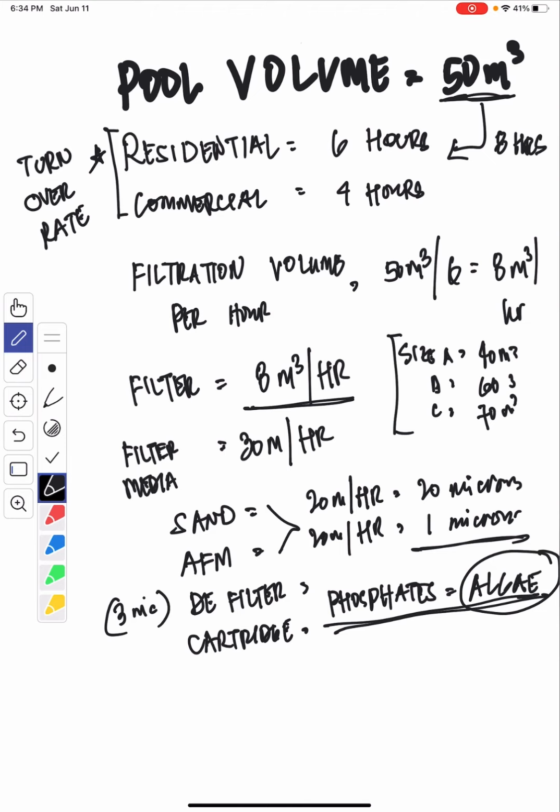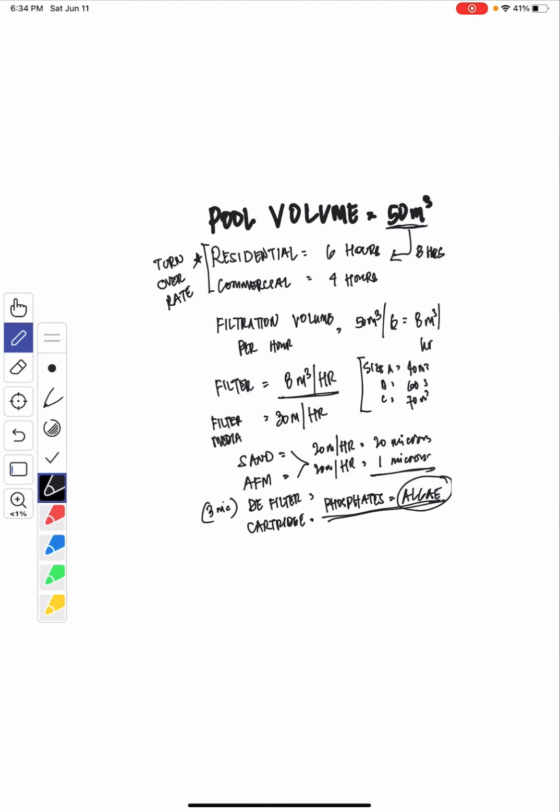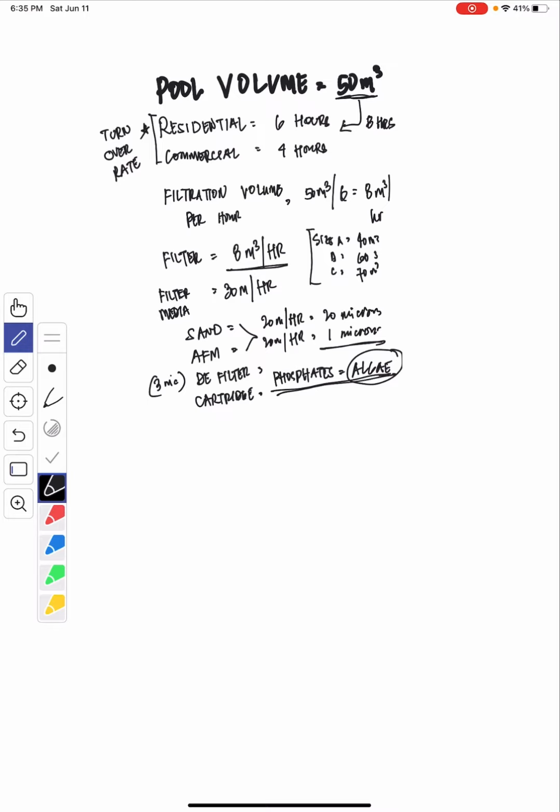With that aside, now that we have 8 cubic meters per hour and we are choosing a filtration rate, usually an economical filtration rate for a residential pool is around 30 meters per hour.